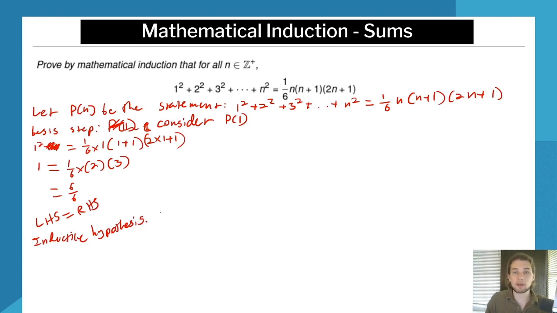So this is basically an assumption that we make that it is true for Pk. The reason we assume that is because then we can next say if it is true for Pk, whatever positive integer k is, then it is true for Pk plus 1. That means we have our recursive proof. So let's do it.